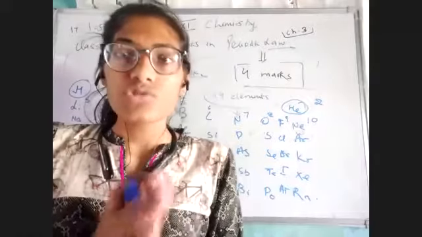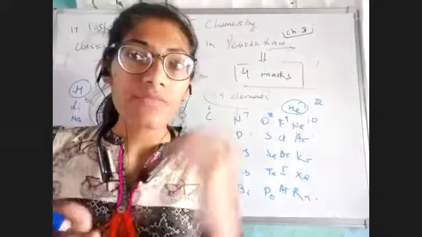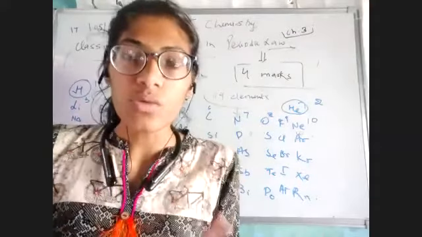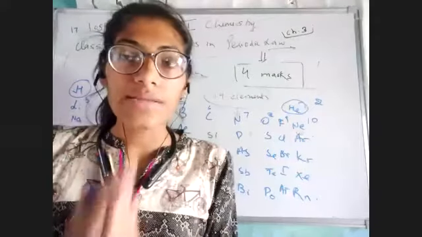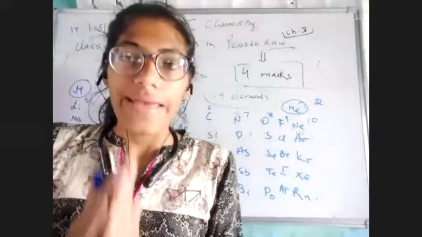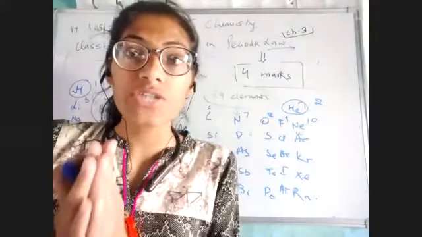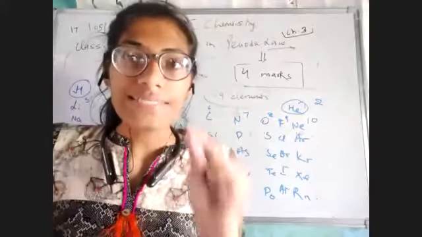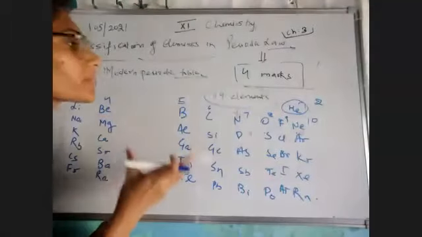Okay. So basically, when we try to arrange them, we have studied in our previous chapter, chapter number 2, that is electronic configuration. So in electronic configuration हमने देखा था that we have arranged our elements in the form of electrons, which are present in the outermost shell. तो इसी same concept को हम use करेंगे to make our modern periodic table.